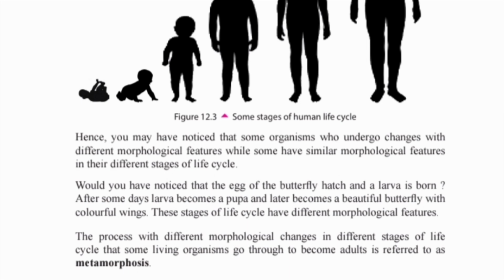So, the butterfly life cycle has different morphological features. The definition of metamorphosis is that some living organisms go through comparatively different morphological changes in different stages of their life cycle to become adults.